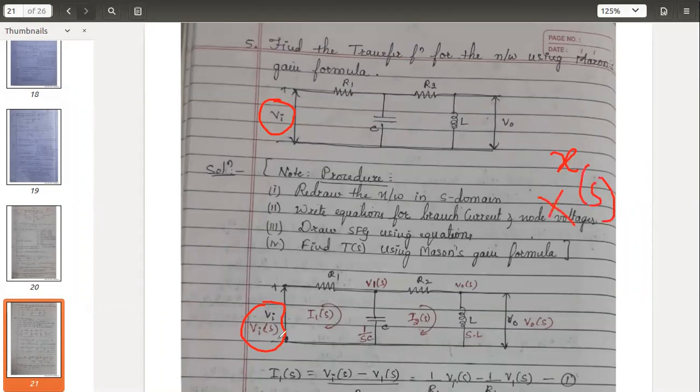So Vi will be Vi of s. Similarly, you have V naught, so it is V naught of s. And you can take these node voltages as you like. It's up to you whatever notation you want to take. I have taken this as V1, and you can see the voltage across this inductor is the same, so this node is nothing but V naught only. So I have taken this as V naught. However, it is up to you, whichever notation you want to take.